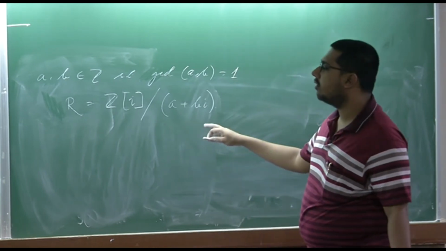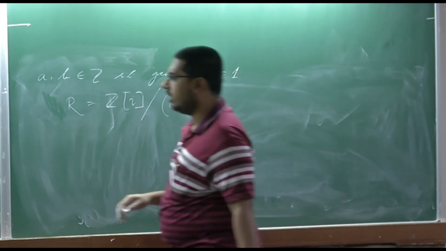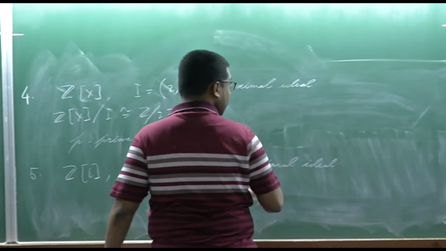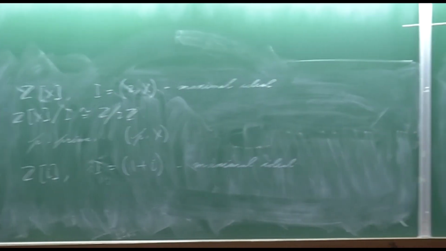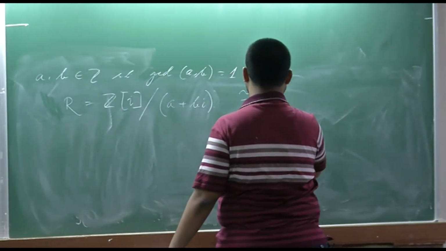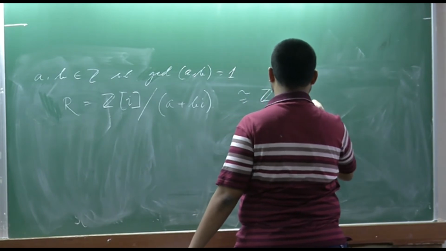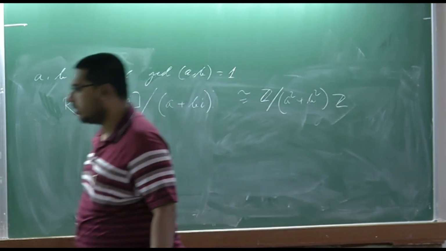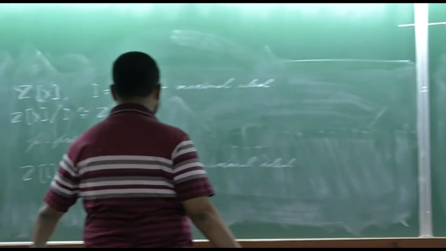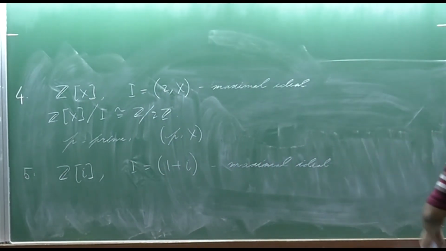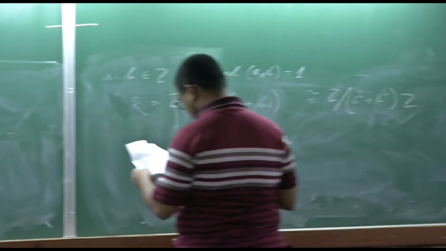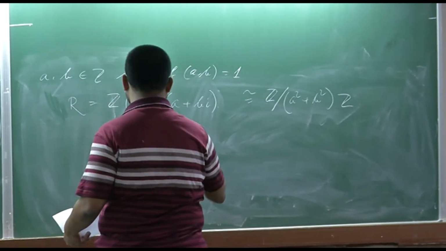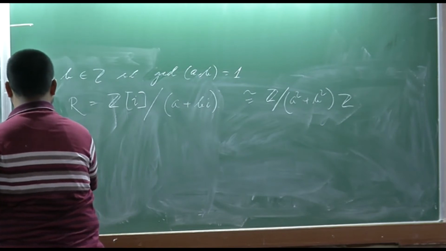So, I would like to identify this quotient. In fact, what we will be proving is this is going to be isomorphic to Z modulo a square plus b square. This is what I will prove now. Then that will tell you why this is a maximal ideal. In fact, something that we are going to see in much more generality. So, maybe I should do the proof here.